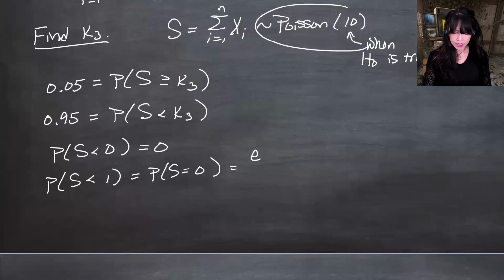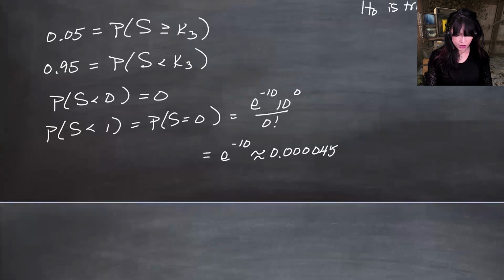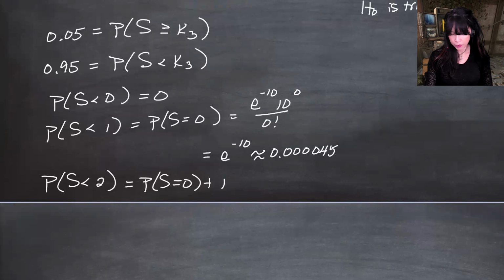And this is going to be e to the minus 10, 10 to the 0 over 0 factorial, or e to the minus 10, which, just for your information, is approximately 0.000045 and nowhere close to 0.95. I'm going to write one more out. The probability that S is less than, say, 2. This is going to be the probability that S equals 0 plus the probability that S equals 1.